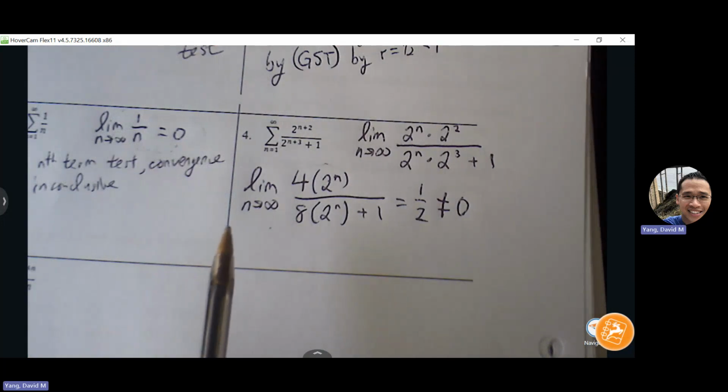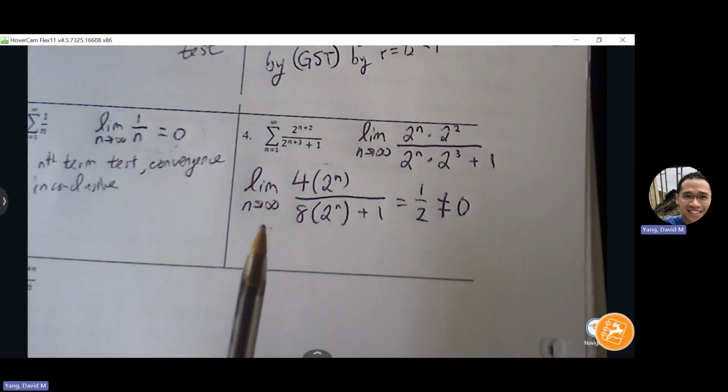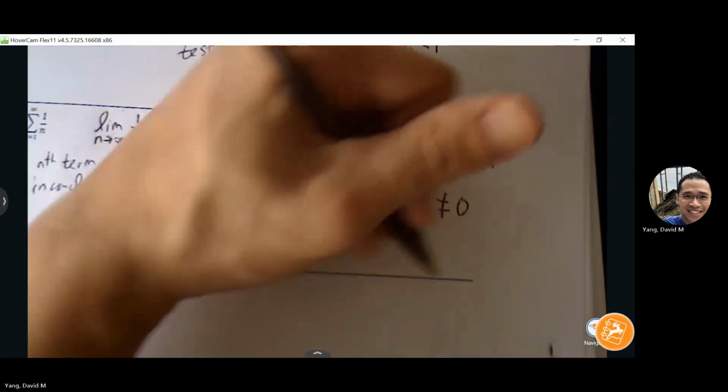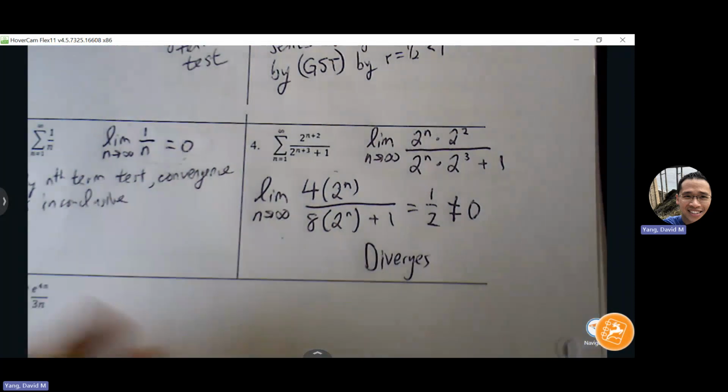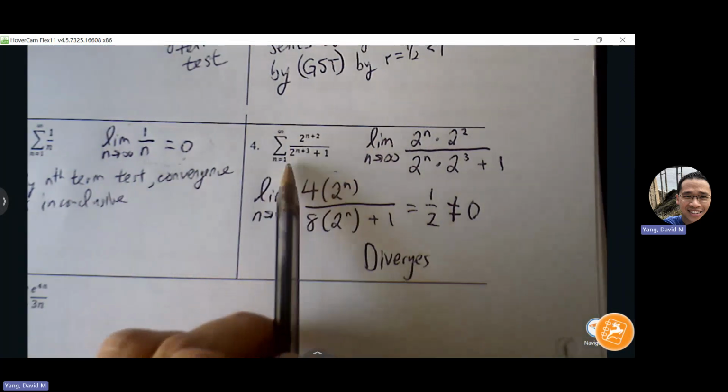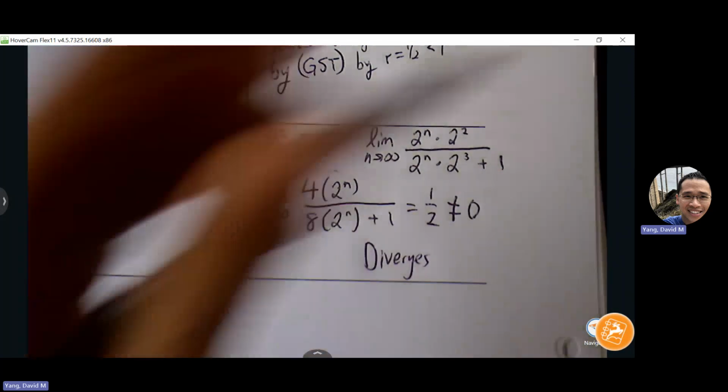So if my rule of sequence is not headed towards 0, there's no chance that I can add up all the terms to infinity and get it to head towards a number, right? The ceiling is going to be unbounded. So it diverges. This is a good one where the nth term test does actually give us a quick conclusion without having to resort to any more complicated convergence test.